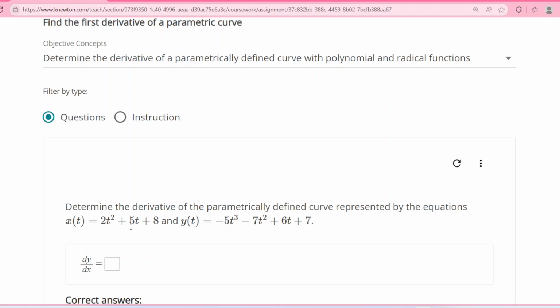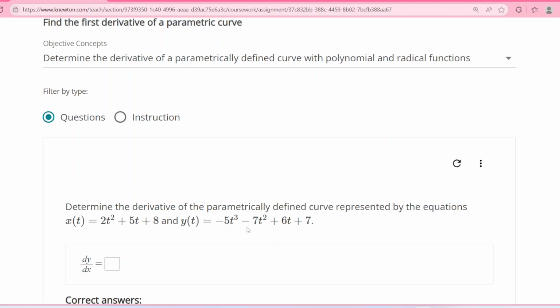So you could try to solve one of these equations for t and substitute it into the other equation, get a rectangular equation, and then try finding y prime. And with this being a quadratic and a cubic polynomial of these forms, I would say that would be quite difficult. It's not impossible. Over here this is a quadratic. You could solve for t, get two different values for t in terms of x, but then it would make the y equation, once you substitute, really ugly, in my opinion.